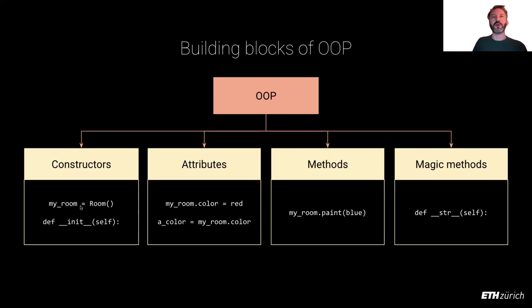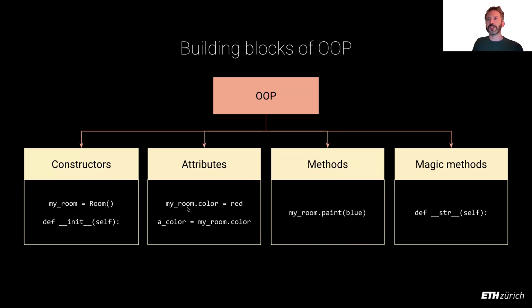So when we say my room equals Room, for example, we are actually calling this constructor. These methods that have double underscores before and after are called dunder methods in Python. Dunder because double underscore. Very creative. So this is the constructor of the class.